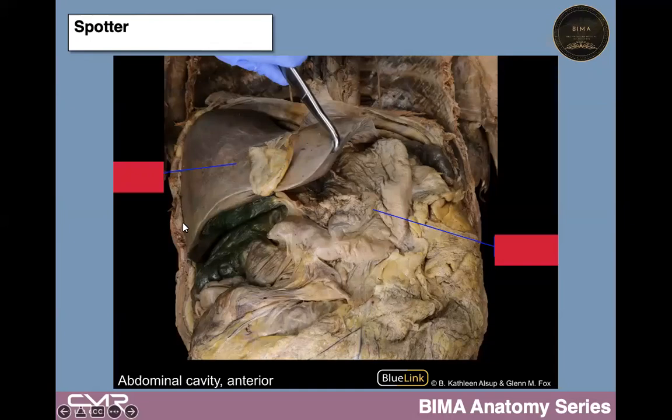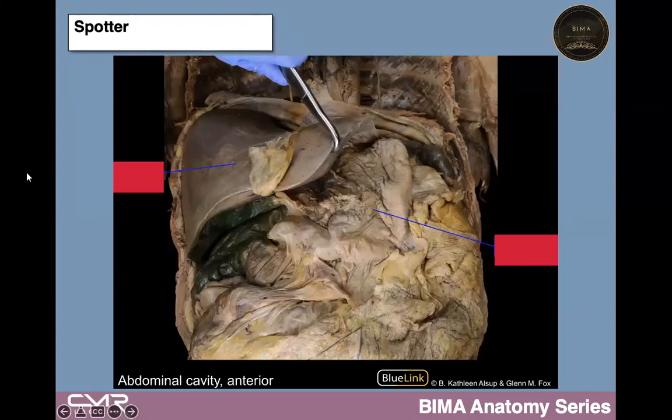The gallbladder is a little bit more posterior. This is the gallbladder here. Exactly. Can anyone please tell me what this landmark here is? In the left upper quadrant. Yeah, exactly. So that's our spleen.